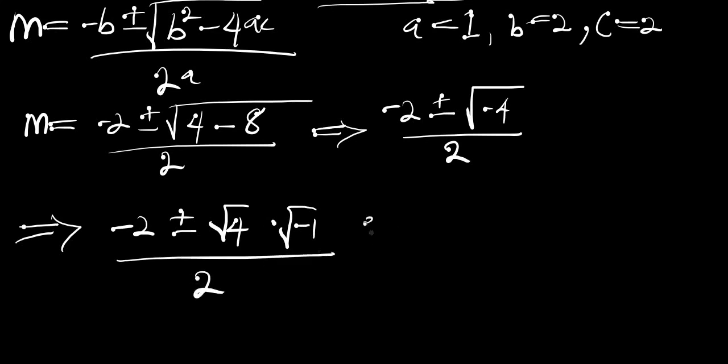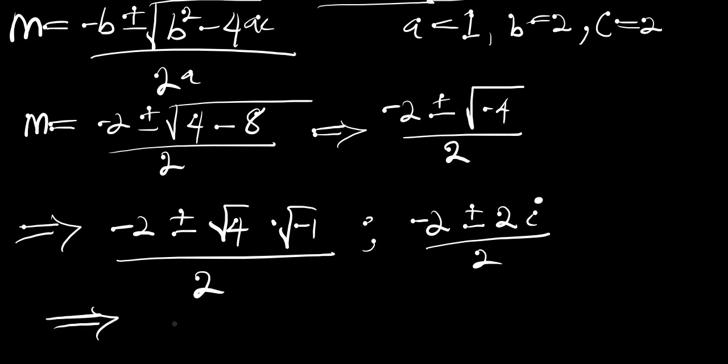This simply means we have negative 2 plus or minus the square root of 4, which is 2, and the square root of negative 1 is i, then all divided by 2. From here, the 2 can divide everything. That means we have negative 1 plus or minus i.